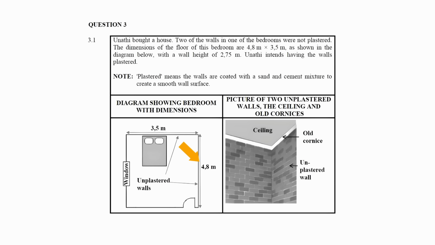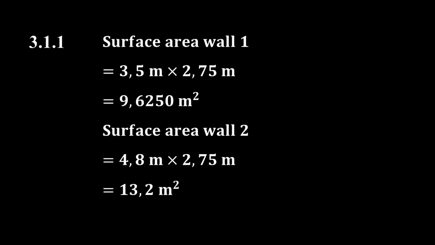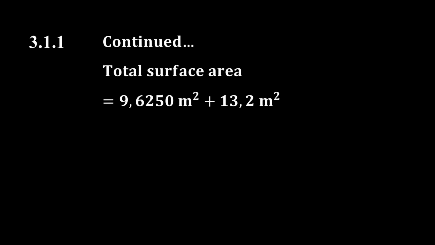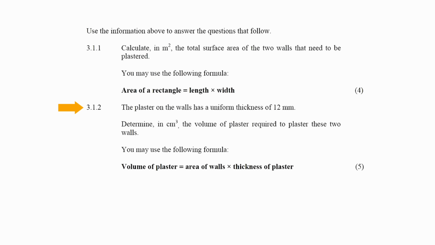Next, the surface area of wall 2 is the length of 4,8 meters multiplied by the height of 2,75 meters, and this equals 13,2 square meters. So the total surface area to be plastered is 9,625 square meters plus 13,2 square meters, and this equals 22,825 square meters.